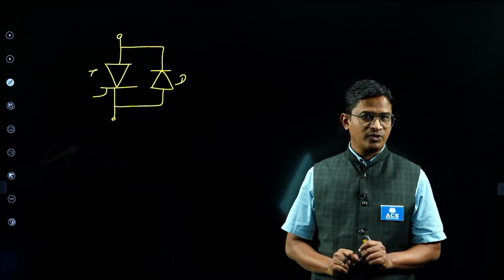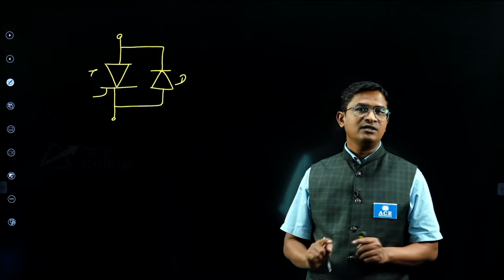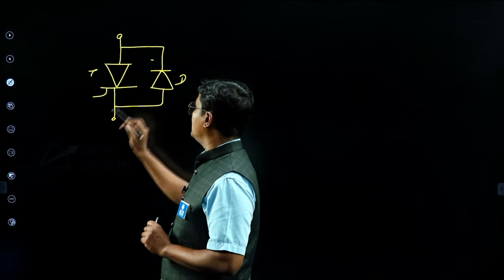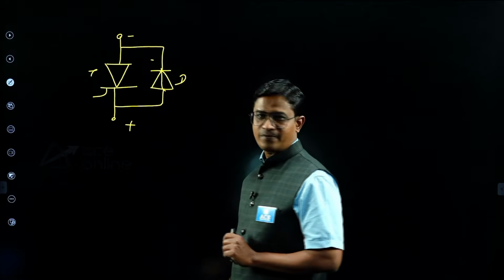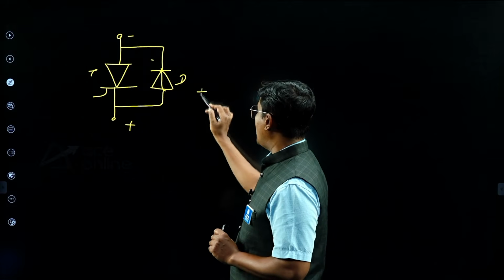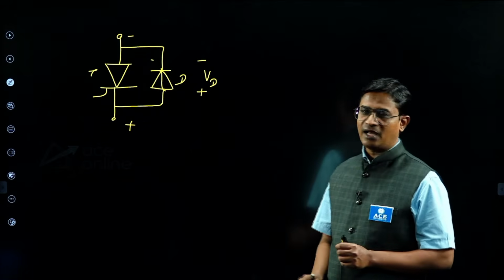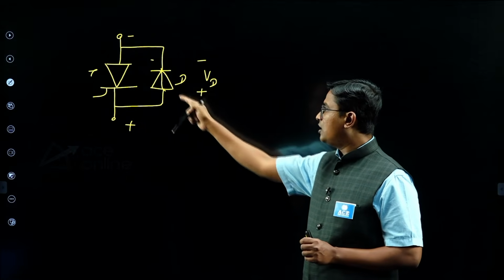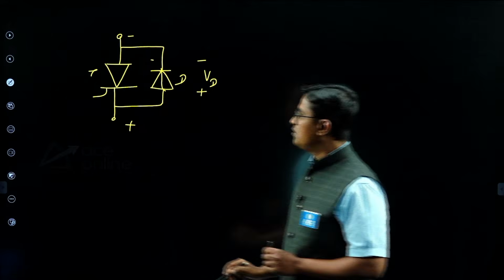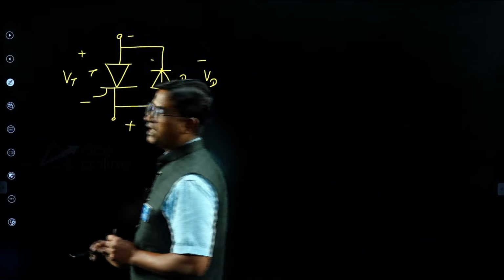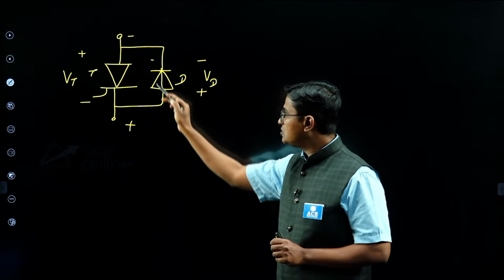But when we want to turn off the SCR, if I maintain the reverse voltage across my switch in this equivalent circuit, then this diode will start conduction, and automatically the on state voltage drop of a diode will appear as a reverse voltage across the thyristor.